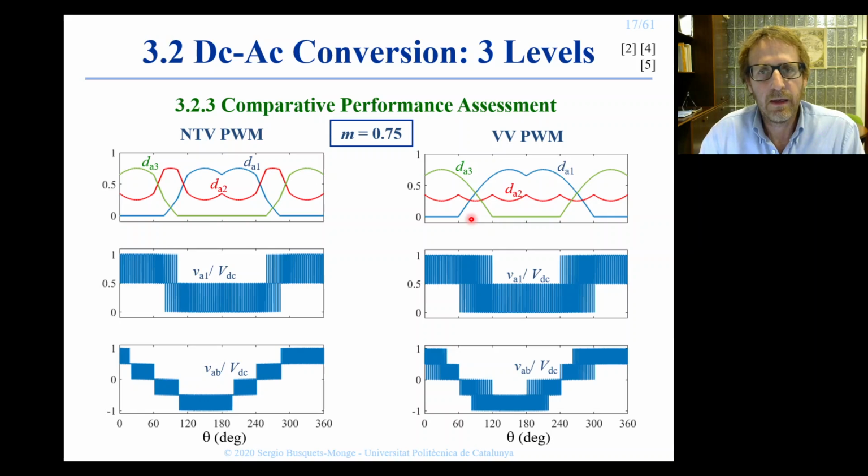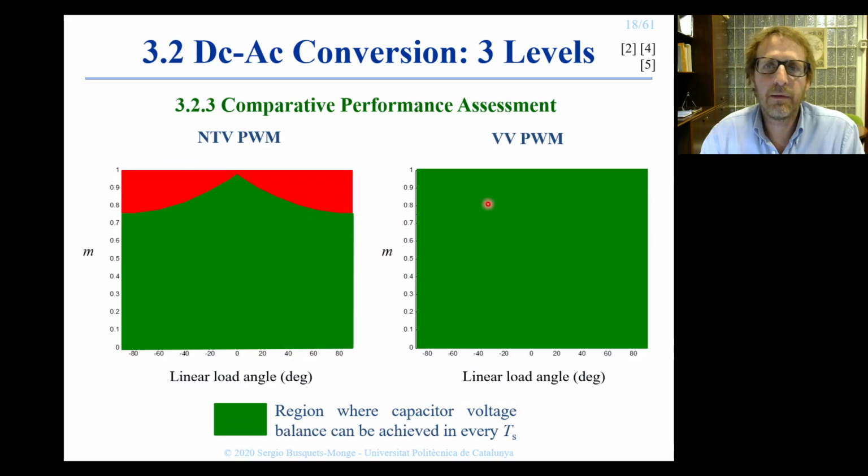And it turns out that while the virtual vector pulse width modulation can reach capacitor voltage balance for all values of the modulation index and the load angle, the NTB pulse width modulation strategy is not capable of reaching capacitor voltage balance in every switching cycle for high modulation indexes and high load angles specifically, in general.